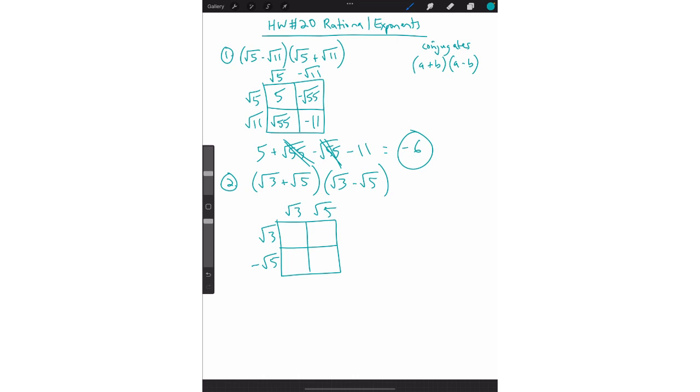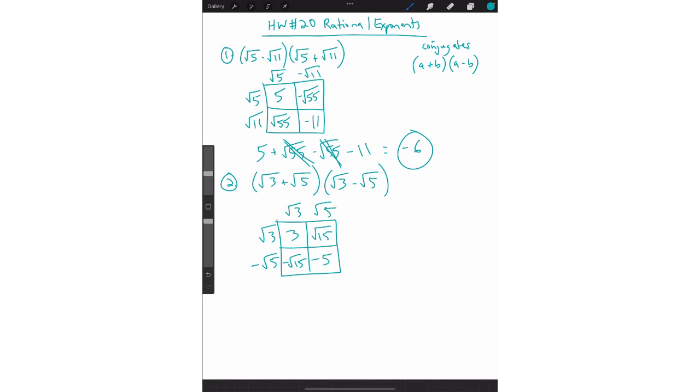The square root of 3 times square root of 3 gives me 3. Square root of 3 times negative square root of 5 gives me the negative square root of 15. The square root of 5 times square root of 3 gives me the square root of 15. And the square root of 5 times the negative square root of 5 gives me negative 5.